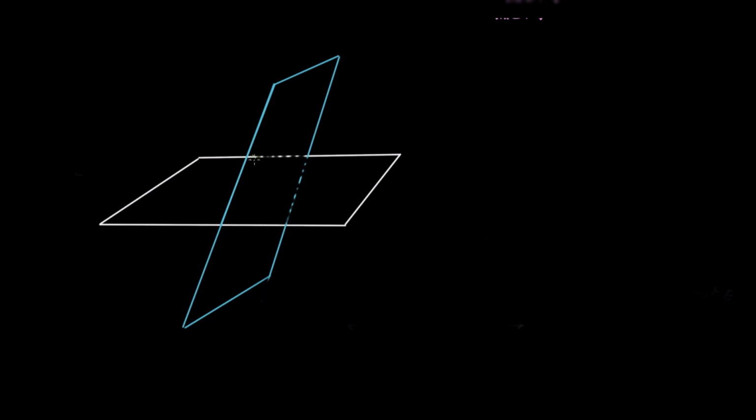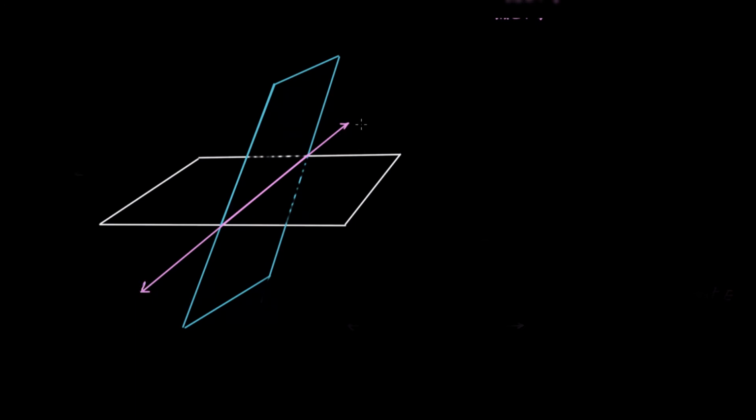So you have to make these artistic adjustments to suggest that these are two intersecting planes. The key thing to realize here, though, is that when two planes intersect, their intersection is a line. When two lines intersect, their intersection is a point.